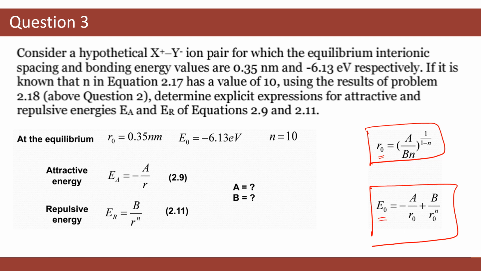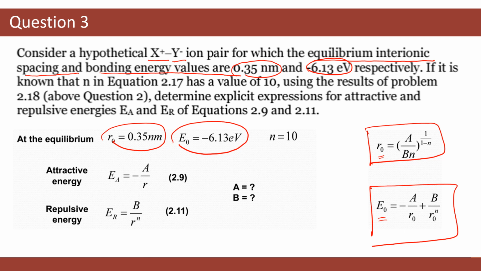In question number 3, they are asking, consider the hypothetical X and Y ion pair for which the equilibrium interatomic spacing and bond energy values are given to us like this. So E naught and R naught are given to us, and also it is known that the n in the equation is 10, so n is given as well.